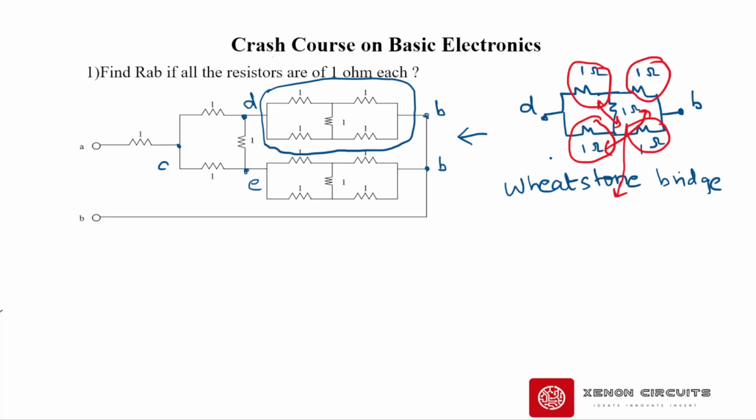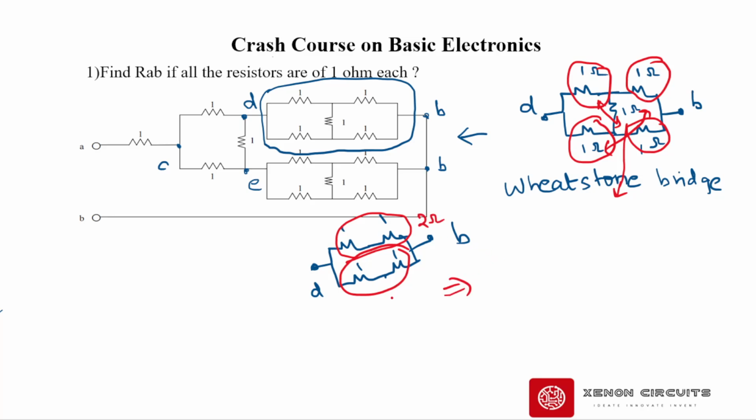So if I draw the simplified circuit of that network, it becomes 1 ohm, 1 ohm, 1 ohm, 1 ohm across D and B. 1, 1, 1, 1. Now, just by looking at it, you can say that these two are in series and these two are in series. So this becomes 2 ohms, this becomes 2 ohms, and 2 ohms and 2 ohms across D and B are in parallel, right?